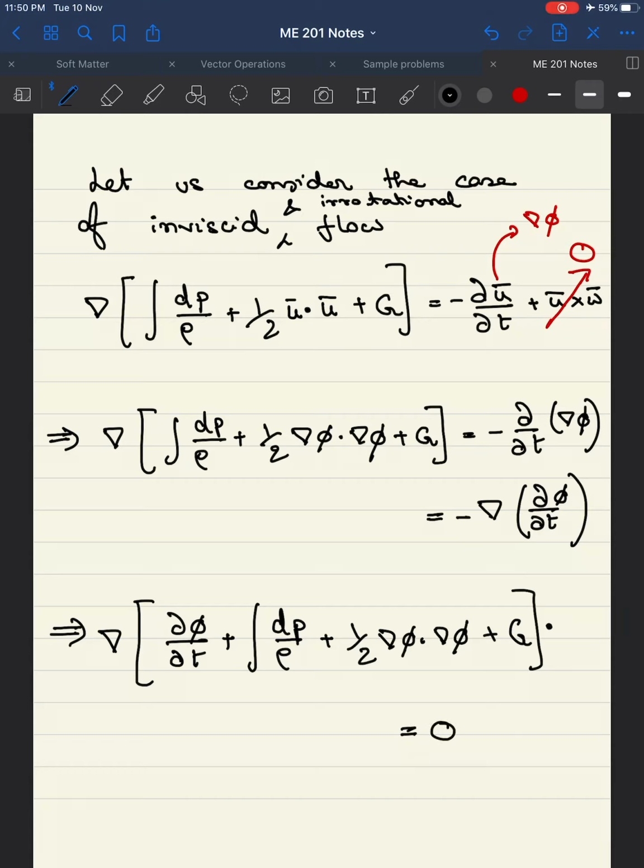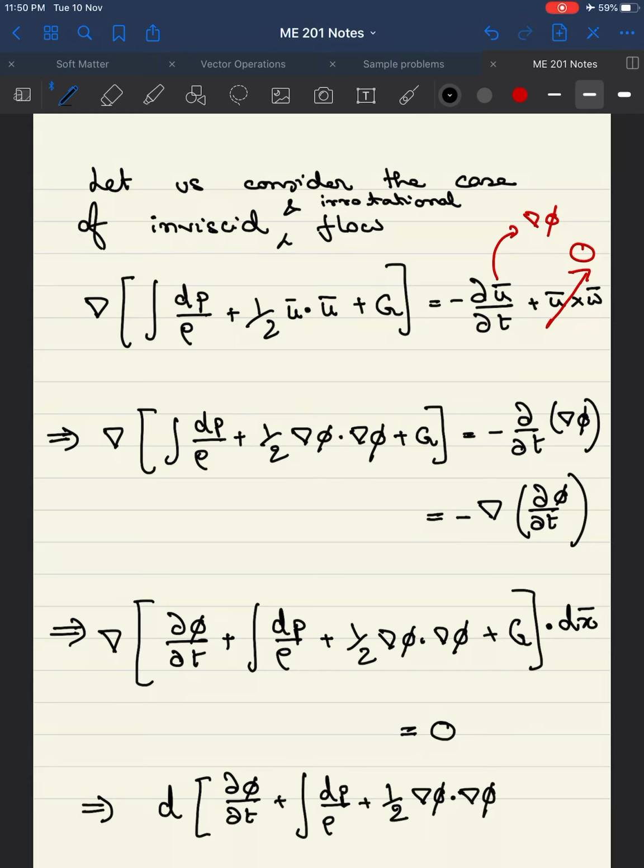If I were to multiply this with some dx element, and this dx element can be in any direction, that also is equal to 0, which just like last time, what does it imply? Which implies that the derivative of this term is equal to 0.